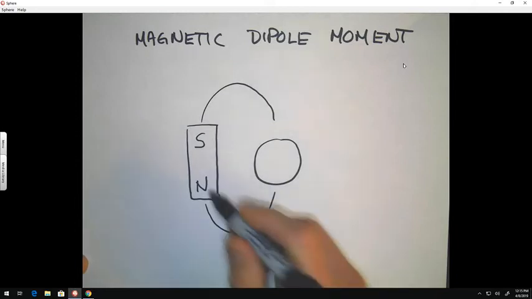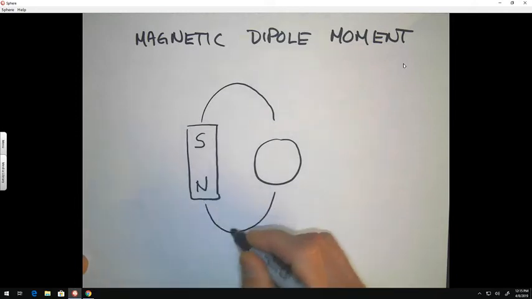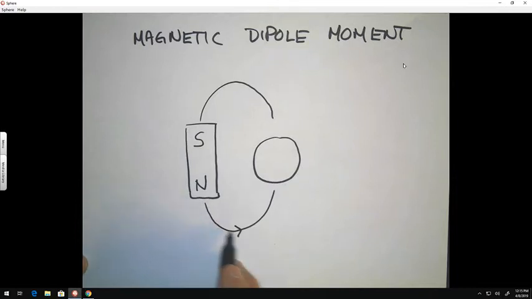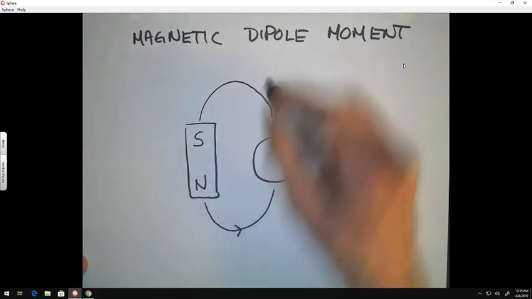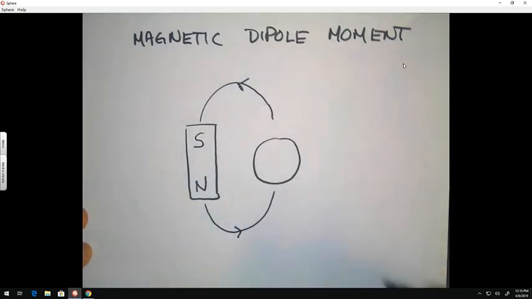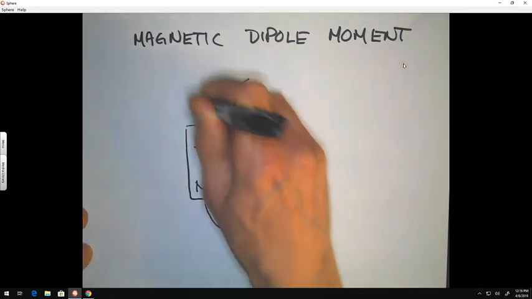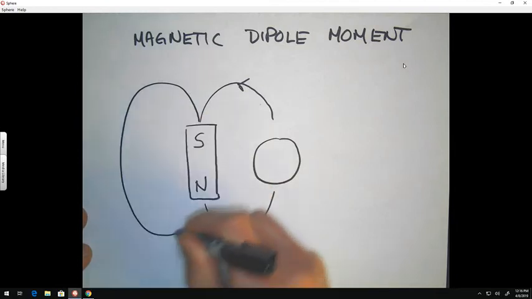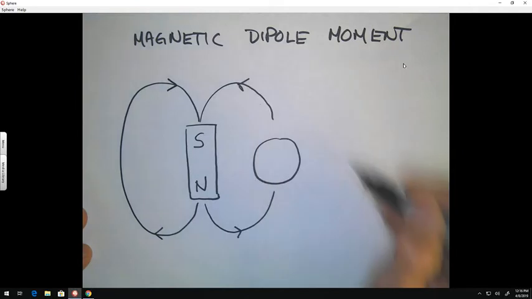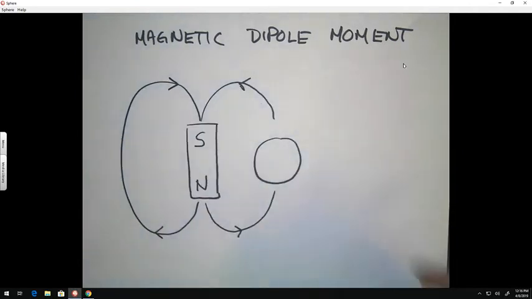So for example, the north pole is like your positive charge, and so the magnetic field is going to go away from the north pole, and then it's going to wrap around, and it's going to come back into the south pole. And of course, this is a 3D picture, right? And so it's also happening here. In fact, it's coming out at us. The magnetic field fills up all space.